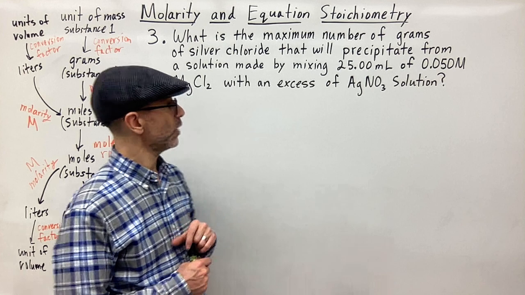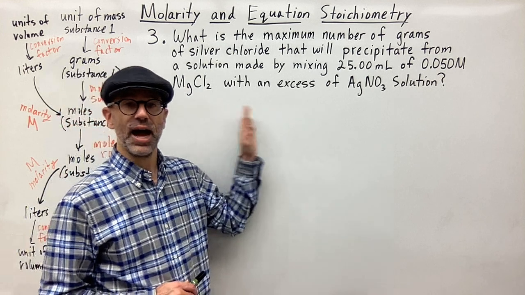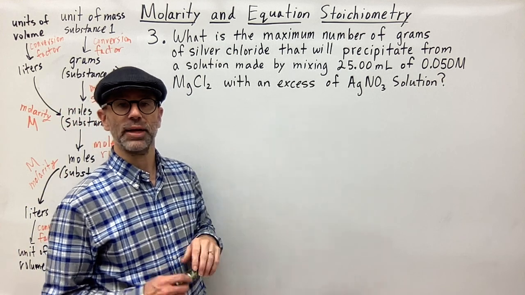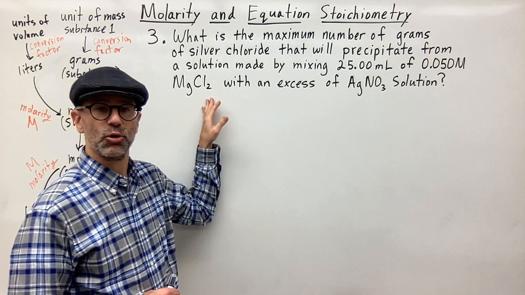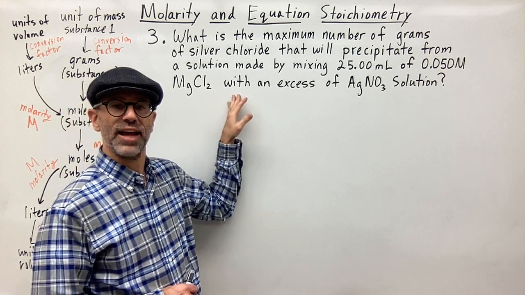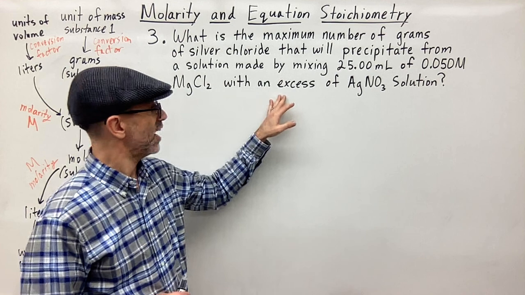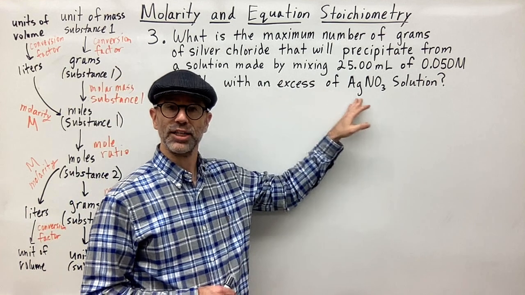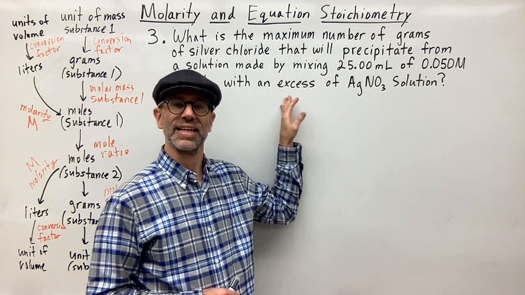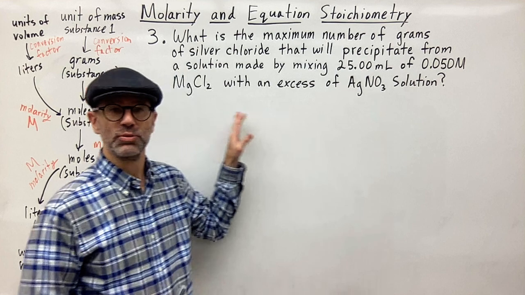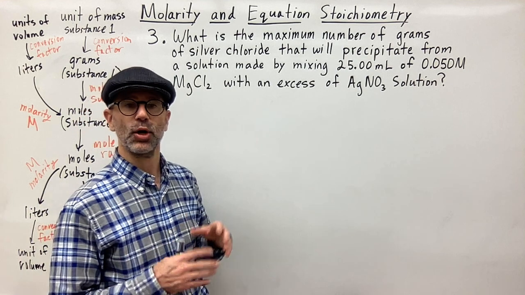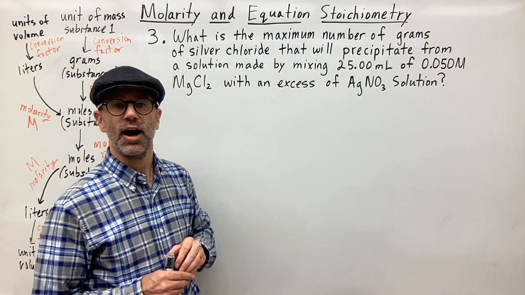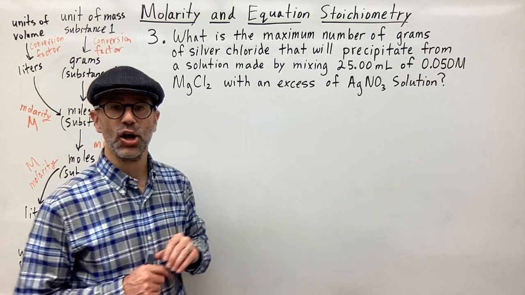And one thing I want to point out is that this is not a limiting reagent problem, and I know that because they're telling us that the magnesium chloride is reacting with an excess of silver nitrate. So we have an excess of silver nitrate, which means that the magnesium chloride is going to react to completion. So we don't need to worry about figuring out what's the limiting reagent and all that stuff.